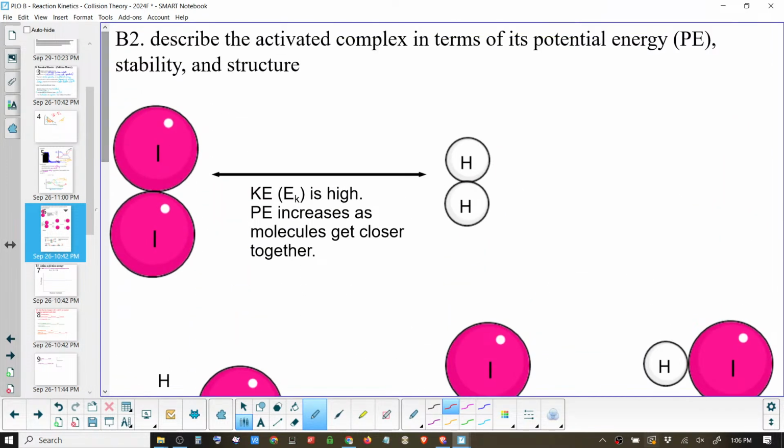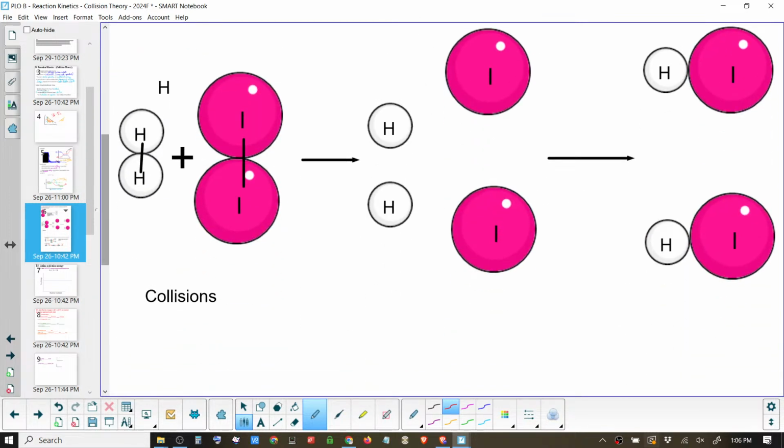Okay. To briefly describe the activated complex, I'm going to label these, which is why I've drawn them for you. You have a reaction in which you have iodine that hits hydrogen gas really hard. And when it does so, they break their bonds and form hydrogen iodide.